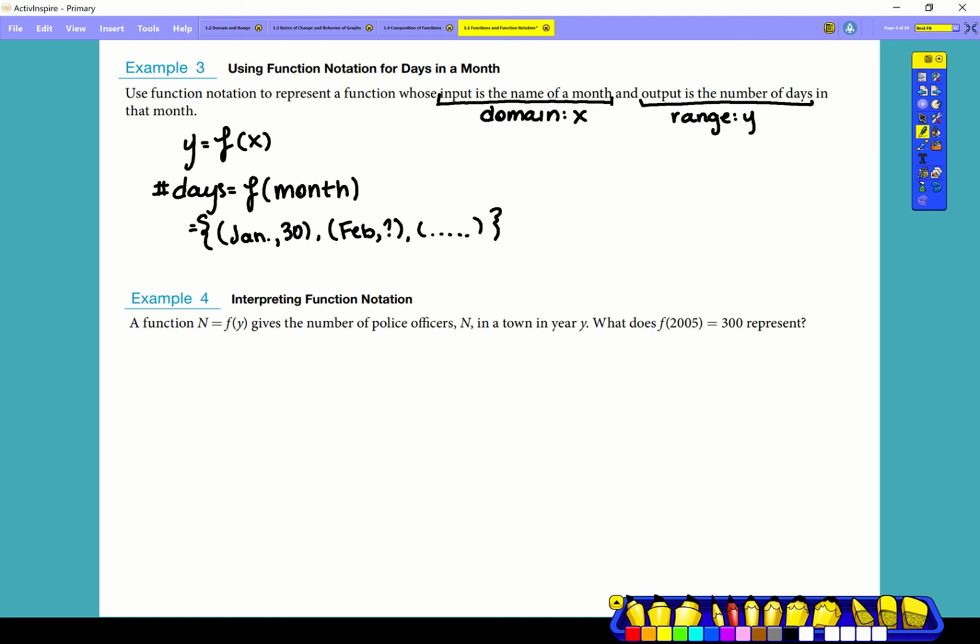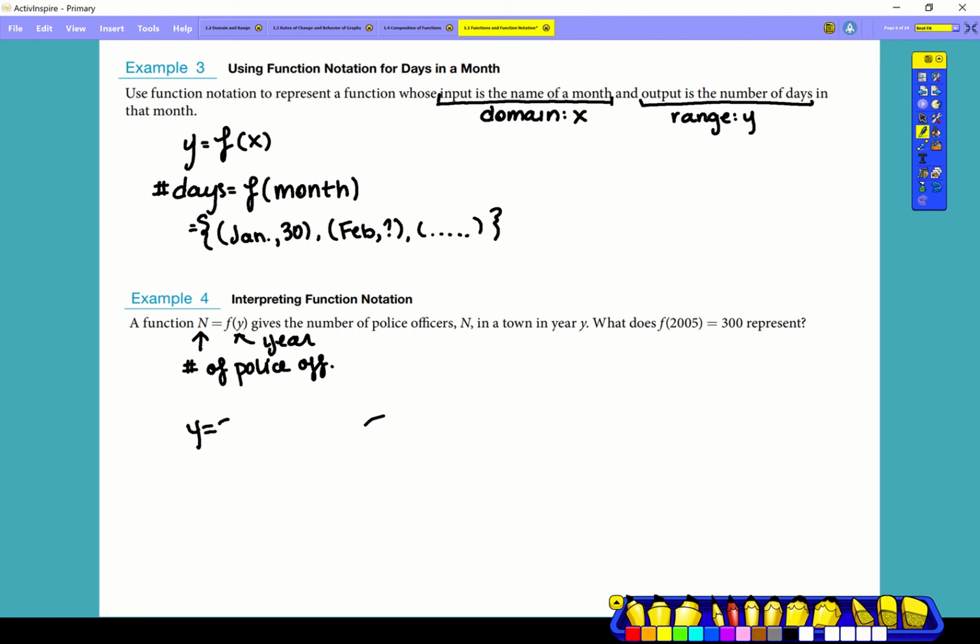So, example 4, a function n equals f of y gives the number of police officers n in a town in year y. What does f of 2005 equals 300 represent? So n is the number of police officers, and y, we know, is the year.